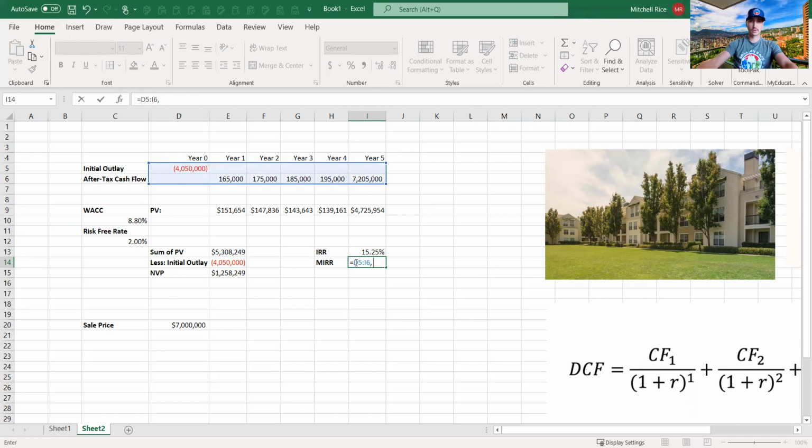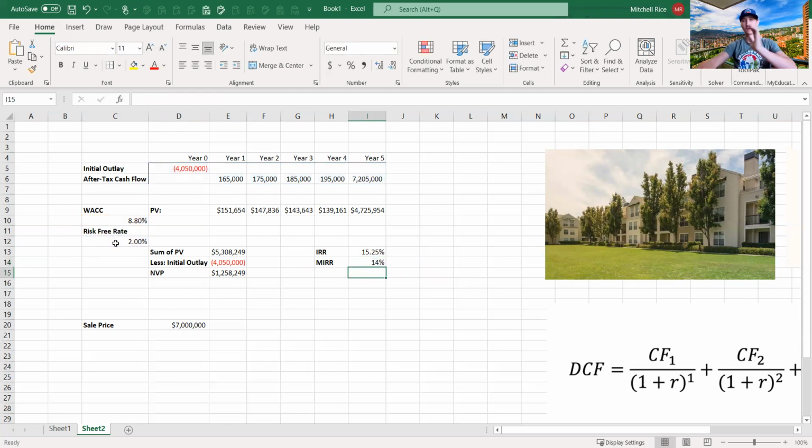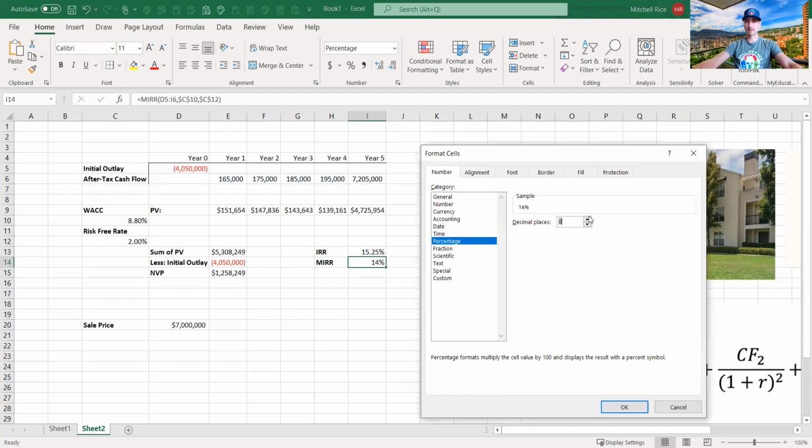Let's just do equals MIRR. Select our values. It's 8.8%. We'll anchor it. It's a good habit to get into. And then the reinvestment rate now, we're using the risk-free rate, which is just more guaranteed, more conservative, more reasonable. Let's bring this out to 2 decimal places.